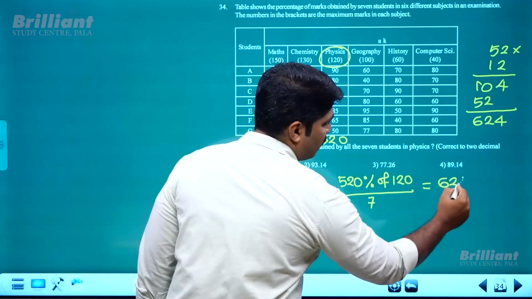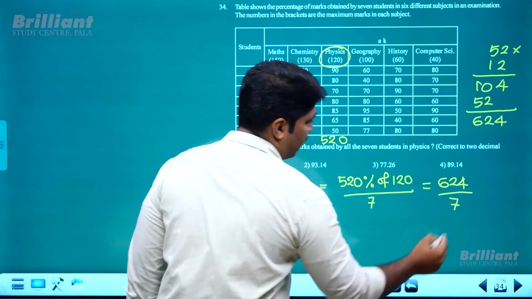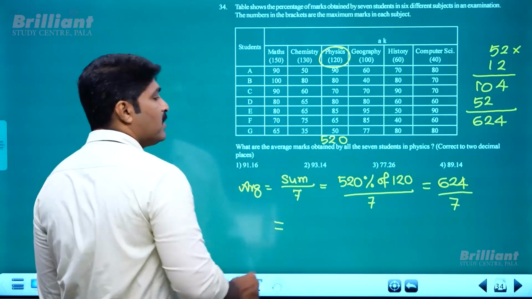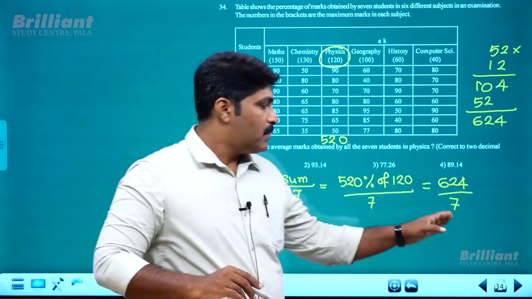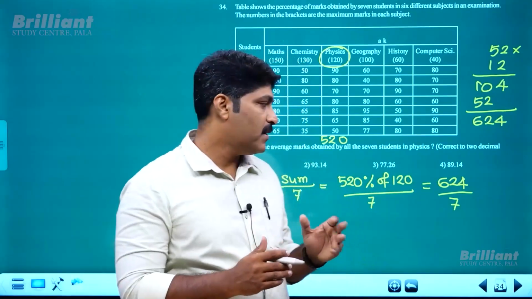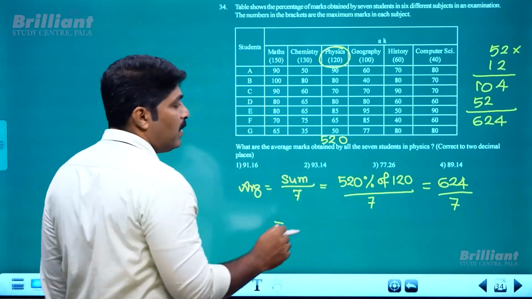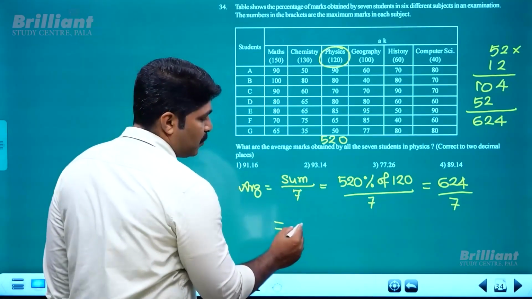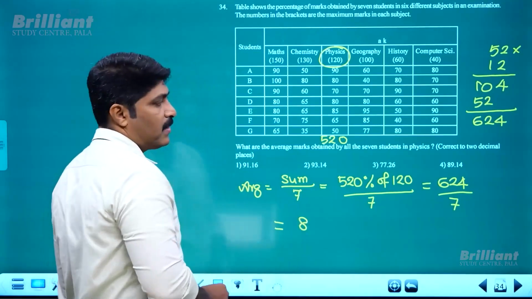This is 624 by 7. Do the normal simplifications. 7 won't lie in 6. Therefore consider 62 together. So how many 7 will lie in 62? 8 times. Correct?